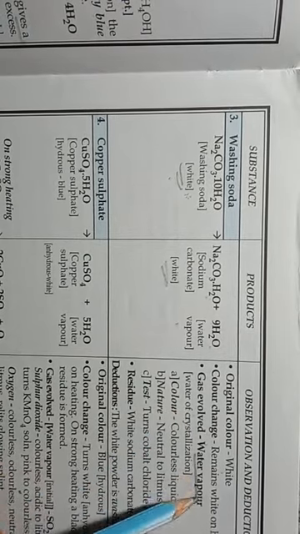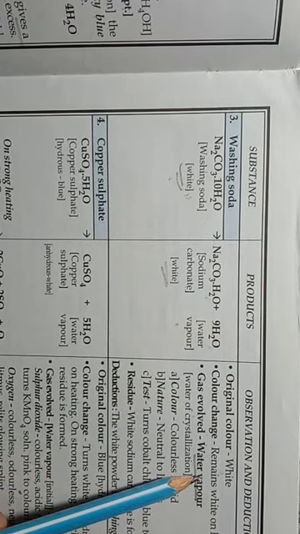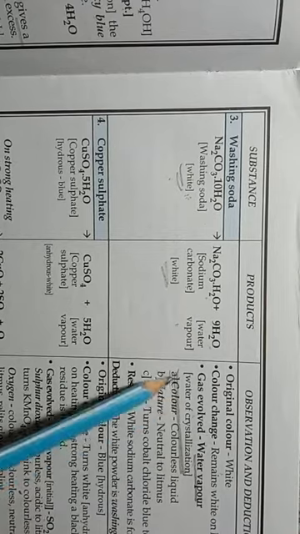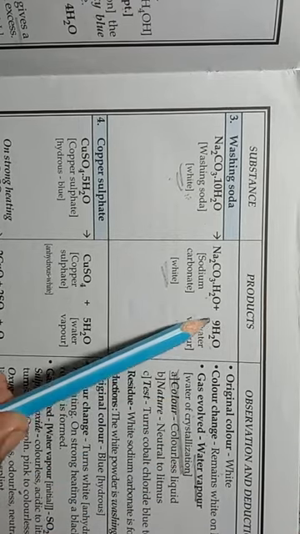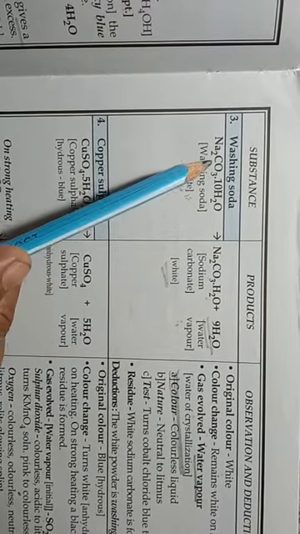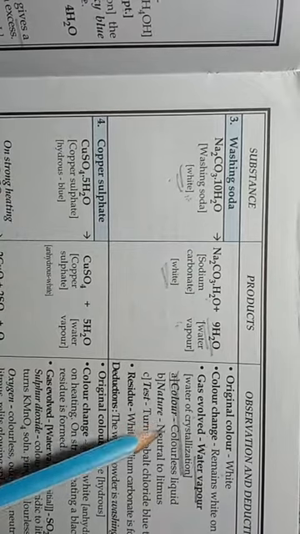The gas evolved is water vapor, and these water vapors are actually the water of crystallization, which come out in the form of water vapor from sodium carbonate decahydrate when it is heated.